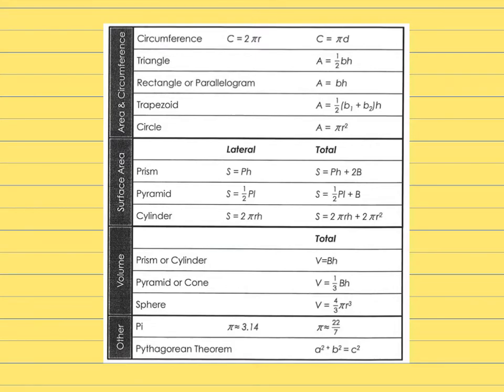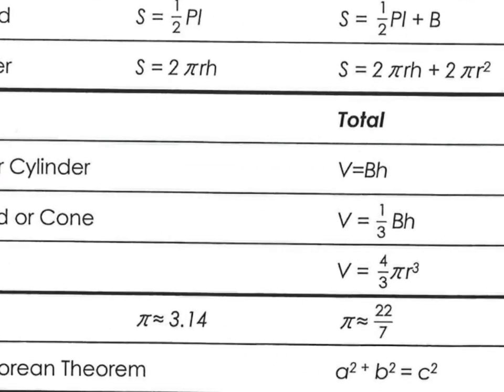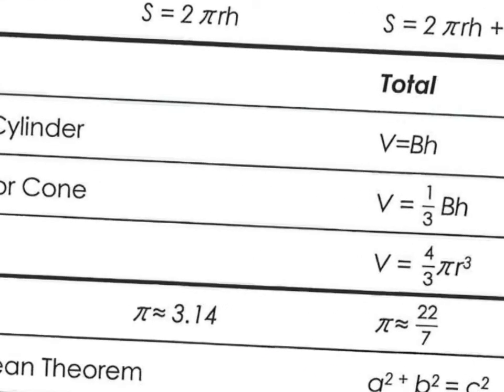I'm going to zoom in a little bit on this chart, and I'm going to write what those two letters represent. So the capital B is supposed to represent area of the base.